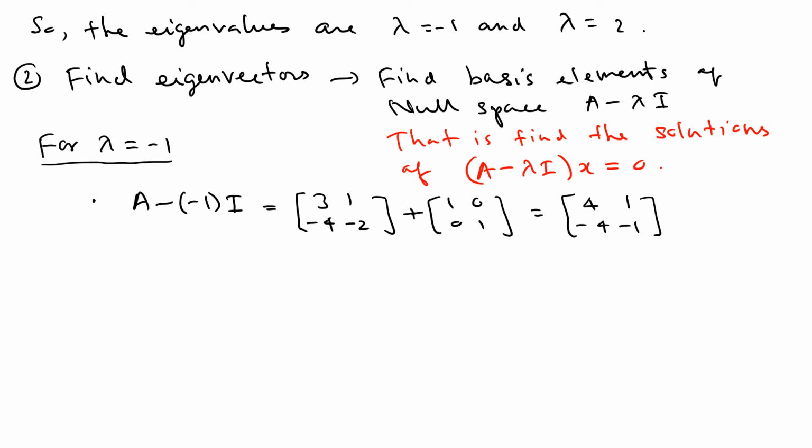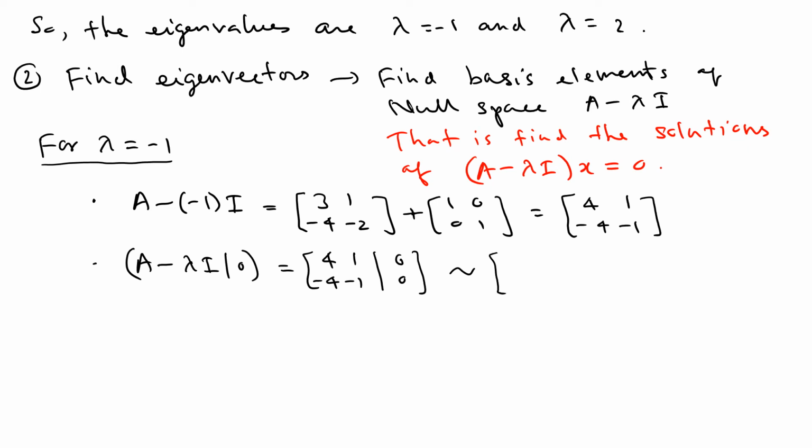Now we simplify that, and then we do the augmented matrix. So we can go with A minus lambda I augmented with 0. We already simplified that side. So it becomes 4, 1, negative 4, negative 1 augmented with 0, 0, and we can do the row reduction. What we can do is simply add the first row to the bottom row. So let's do that.